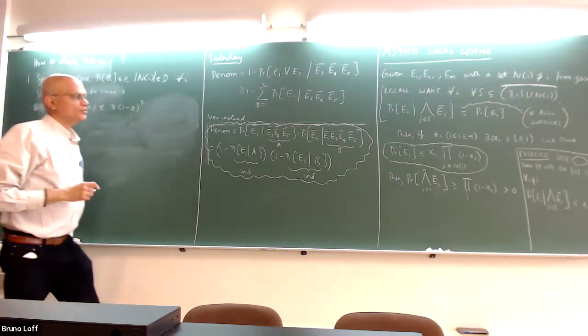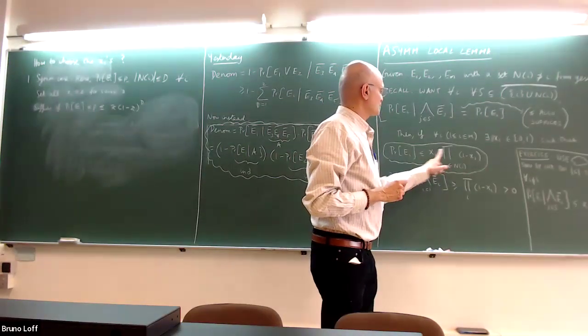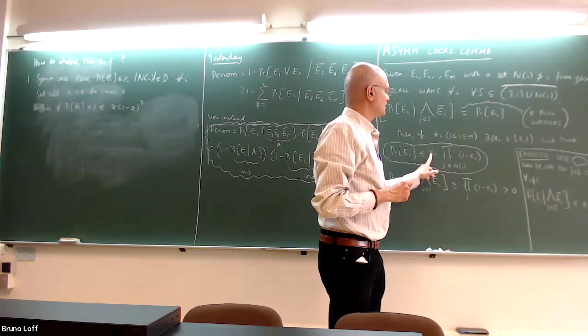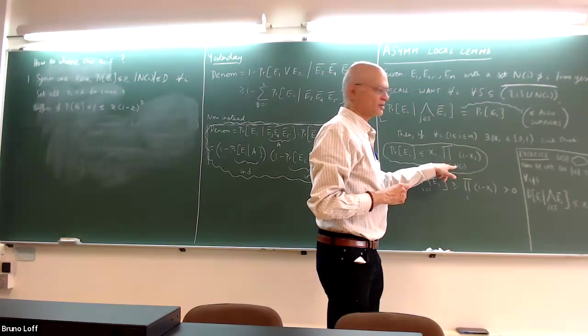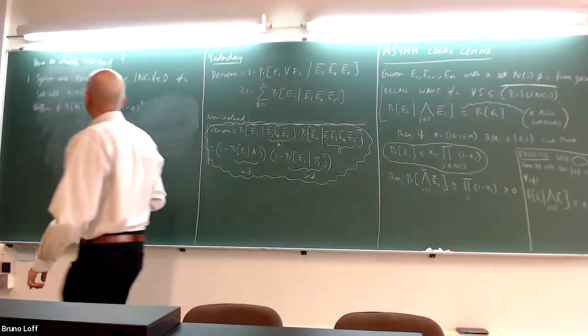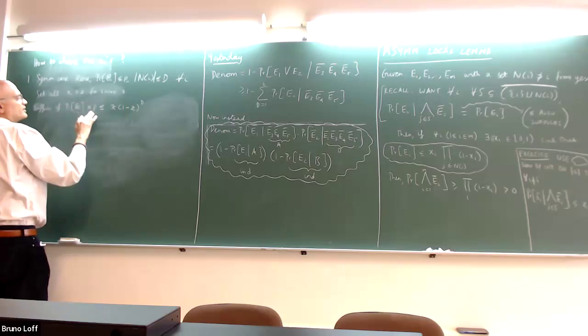Right? So if you make all these xi's equal to some z, this is at least z times (1 minus z) to the power of d, because the number of terms in this product is at most d. And for all i, the probability of Ei is less than or equal to p.